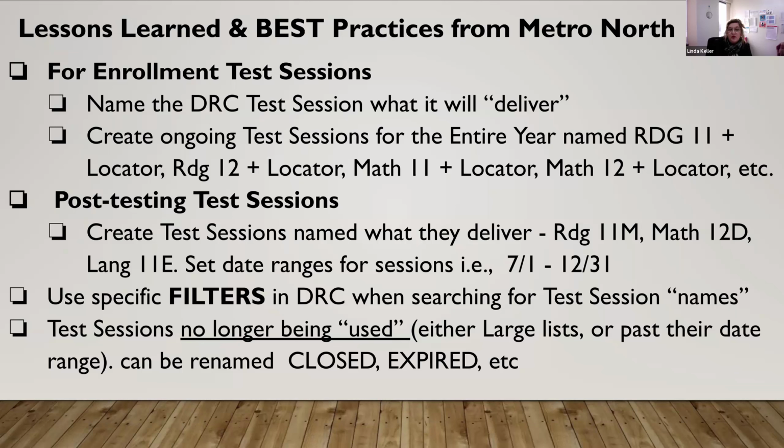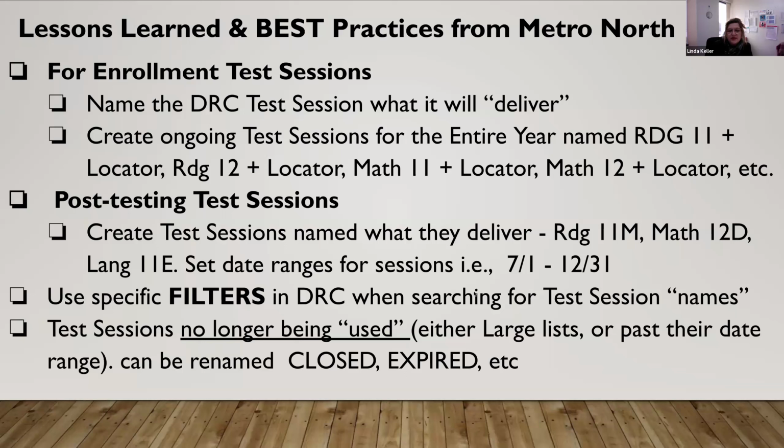And with the post-testing sessions, we named them for what they deliver. So we have a reading 11M, we have a math 11 MD, or whatever level, but we're intentional when we create those. And when we add the settings to those test sessions, they intentionally deliver just that subject, just that level, just that version.